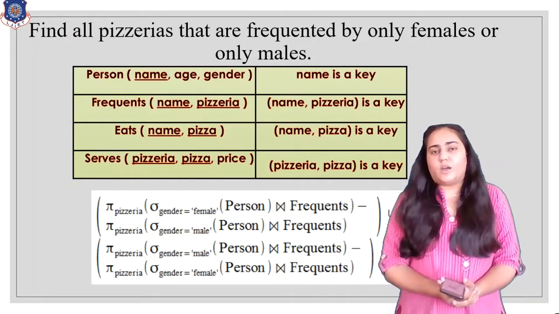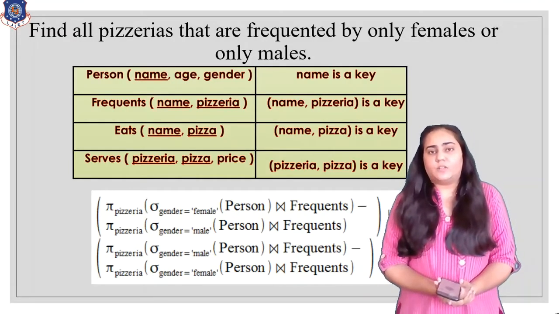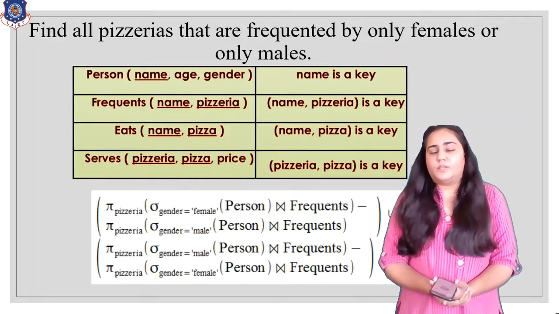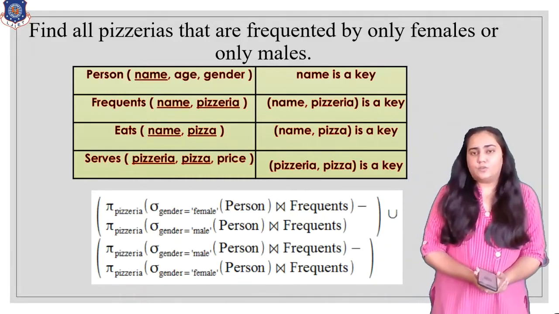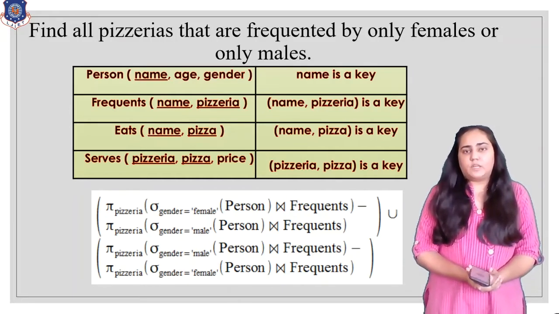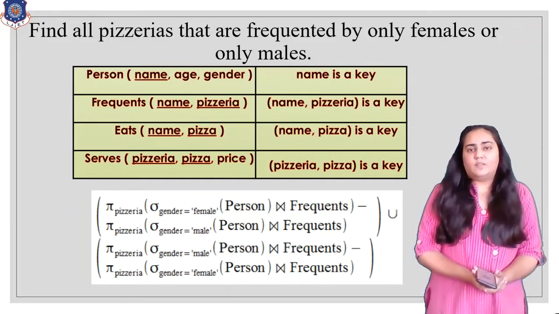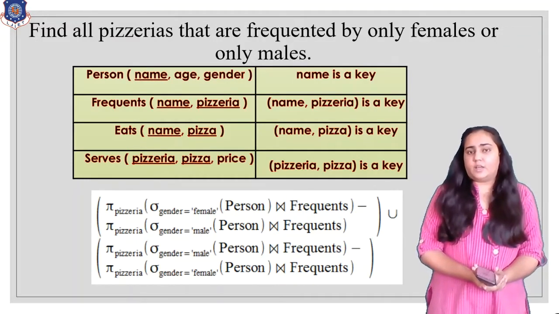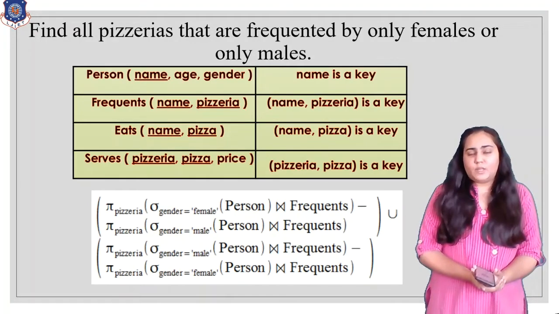So this is how you can approach relational algebra questions in exam, no matter what questions they are. First, try to figure out which tables are required. And once you've figured out which tables are required, then you can decide which operations you can apply. And remember that there is more than one way of solving the same type of question.